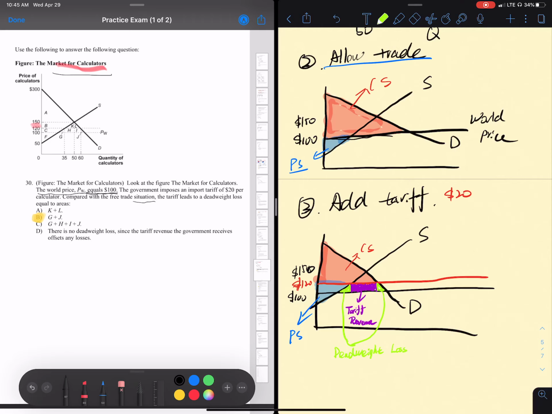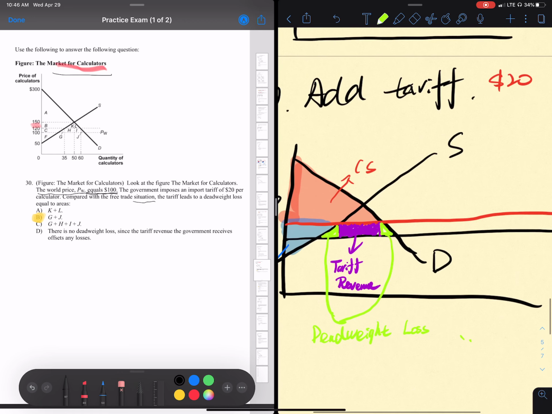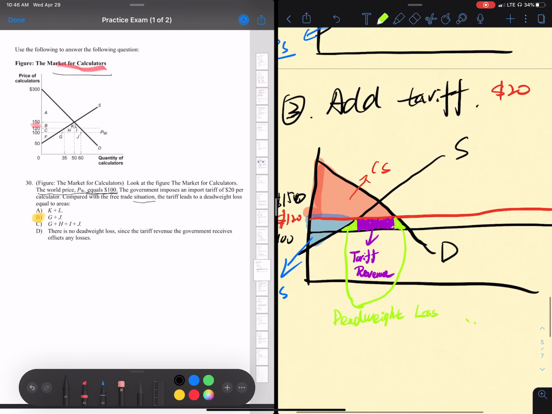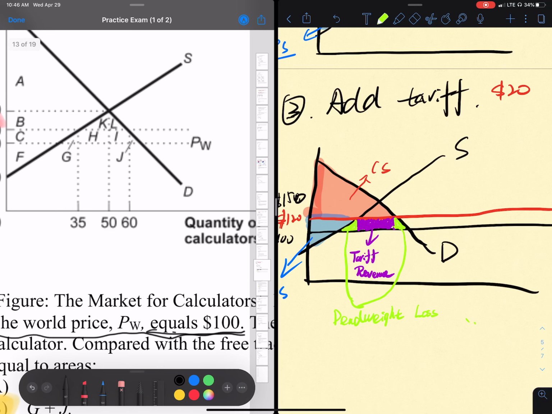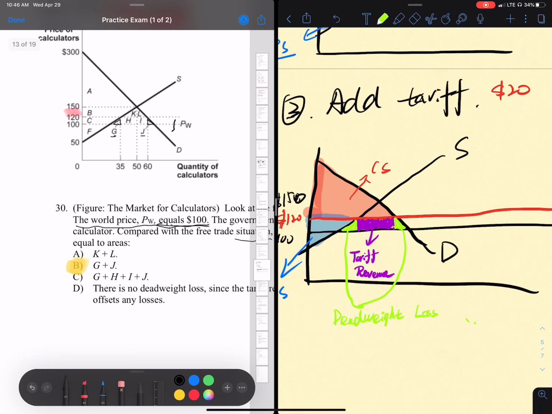We go back to this graph. There are two little green triangles, right? So we zoom in here. This little triangle and this little triangle, G and J together are the deadweight loss.